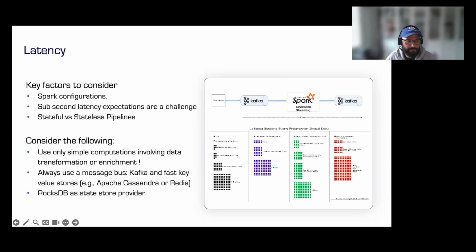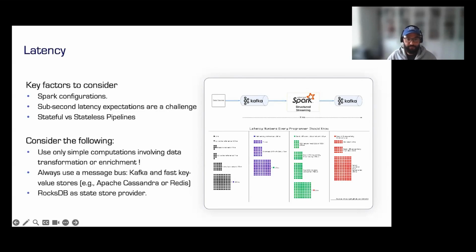So consider the following. Use only simple computation involving data transformation or enrichment. Avoid joins, stream joins. This is something we cannot always avoid, but think about designing your code and your transformations in a way that your computation is as simple as possible.